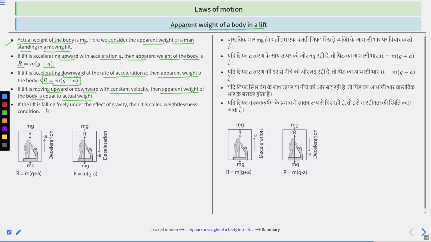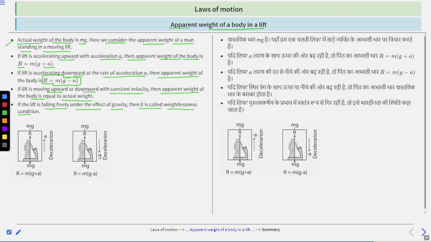If the lift is falling freely under the effect of gravity, then it is called the weightlessness condition. In one figure the lift is moving upward, and in the other the lift is moving downward. Clear?